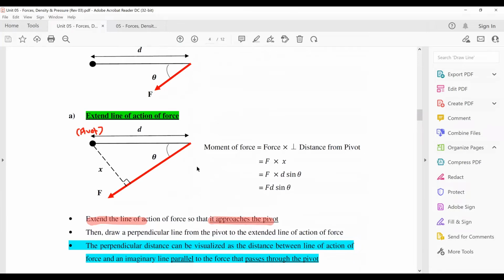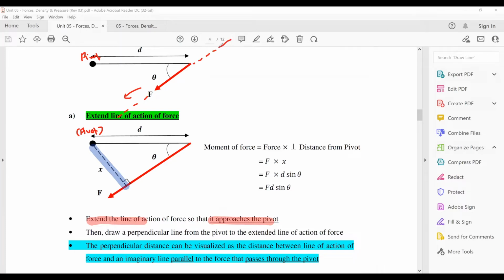Okay, so if you want to find out what your perpendicular distance is, indicated by this blue line here, you can try to extend the line of action of the force going towards the pivot itself. If this is your pivot, you can extend your force either forwards or backwards.